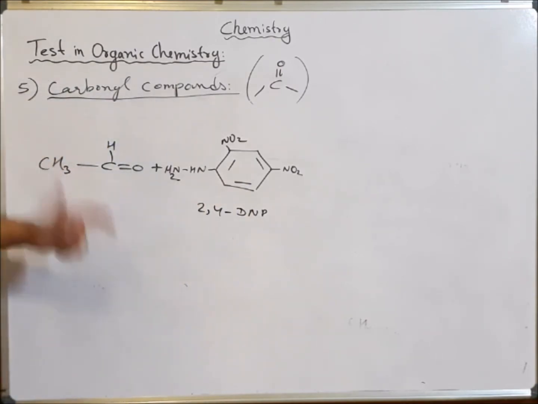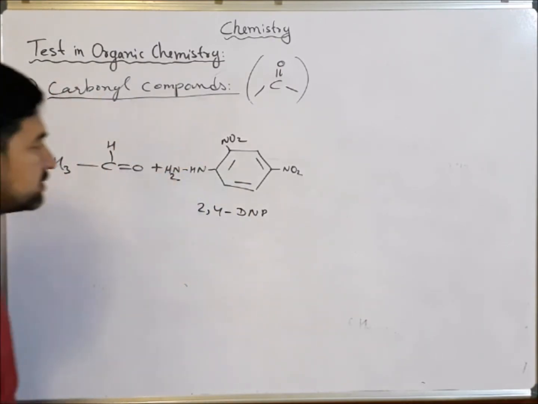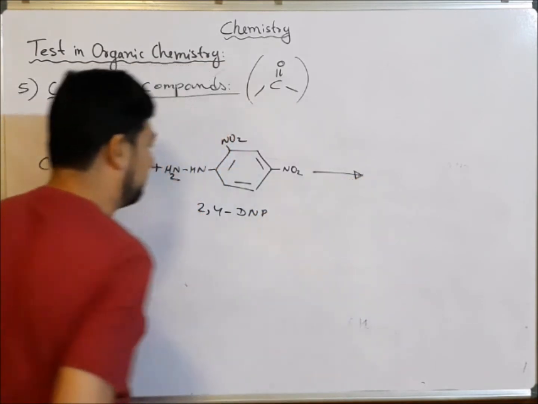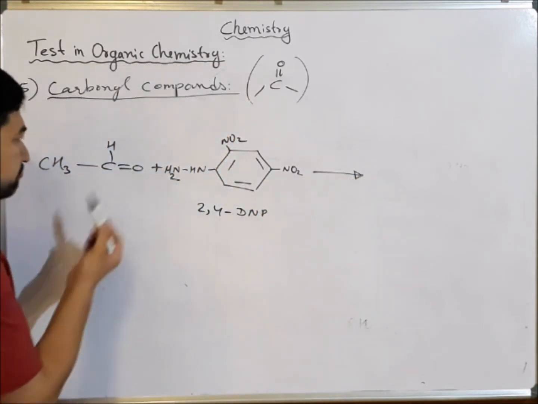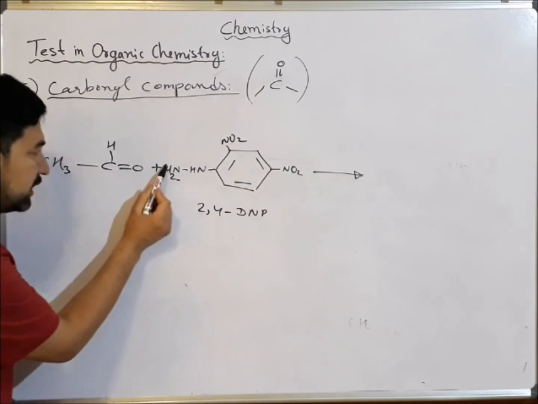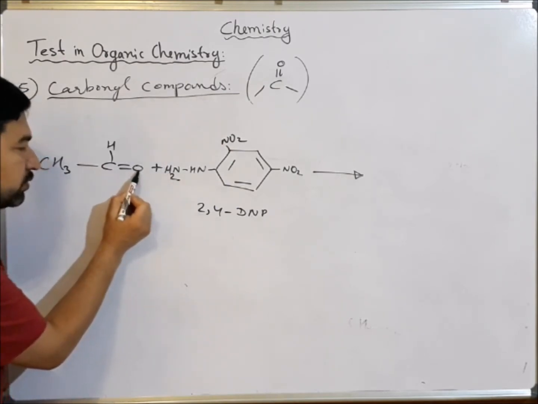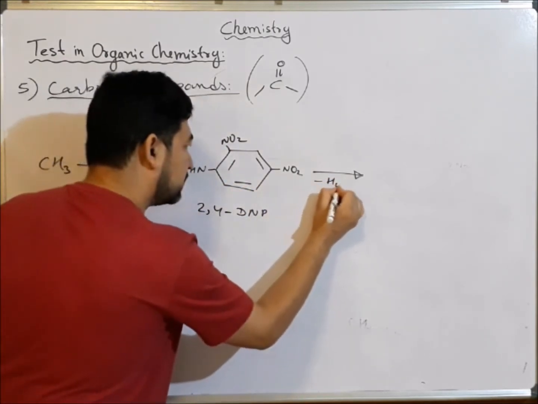When any carbonyl compound reacts with this 2,4-DNP derivative, H2 comes out from here and O comes out from the carbonyl, so basically water comes out.